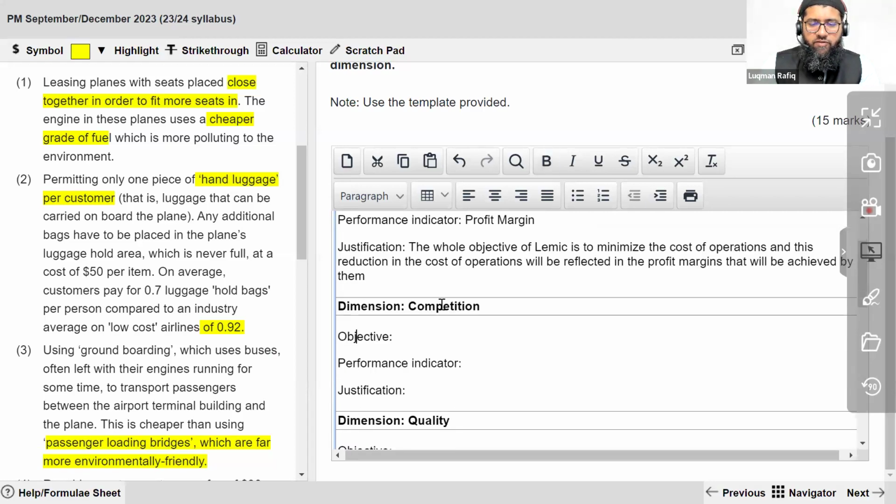What about the competition? To be able to capture the highest market share, the performance indicator is market share.